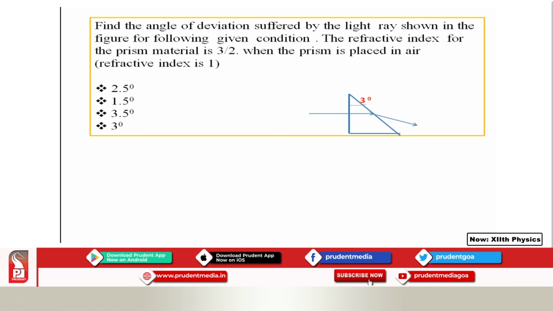So, what can I say? It is a very thin prism, isn't it? So, use the formula for the thin prism and substitute the values that you have. 3 by 2 minus 1 is 1.5, which is given as 3 by 2. The angle of prism is 3 degrees, and this is the final answer that you get. A very simple problem on the prism.